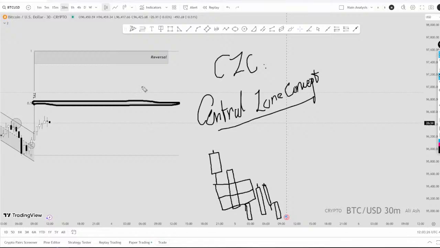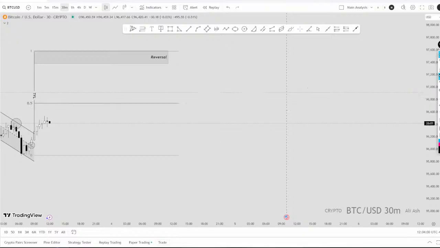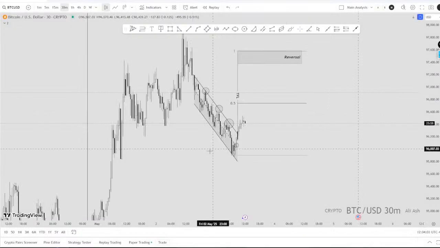So I always mark this, and it can go for the central zone if the demand is centralized, and if it's giving the short term reversal, then the supply will be doubled, and it goes vice versa. This is the concept that you have to understand when it comes to chart analysis. The central zone concept is very important, and I will show you a few examples to help you better understand this.